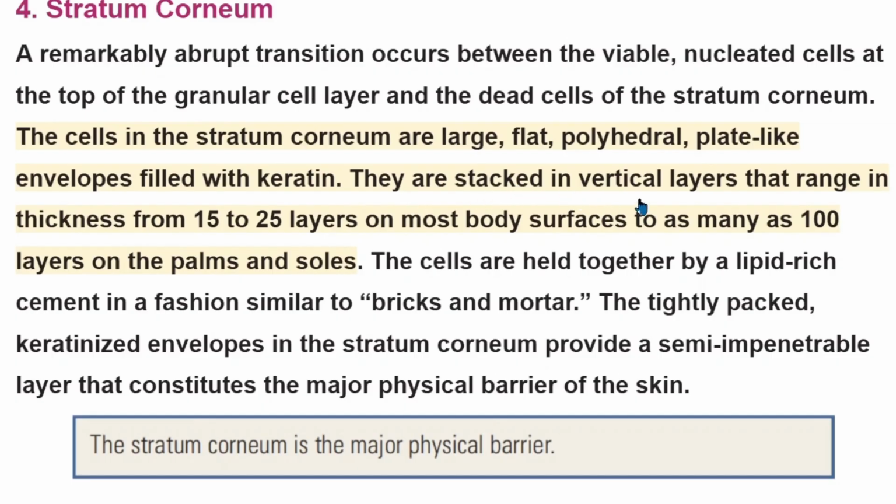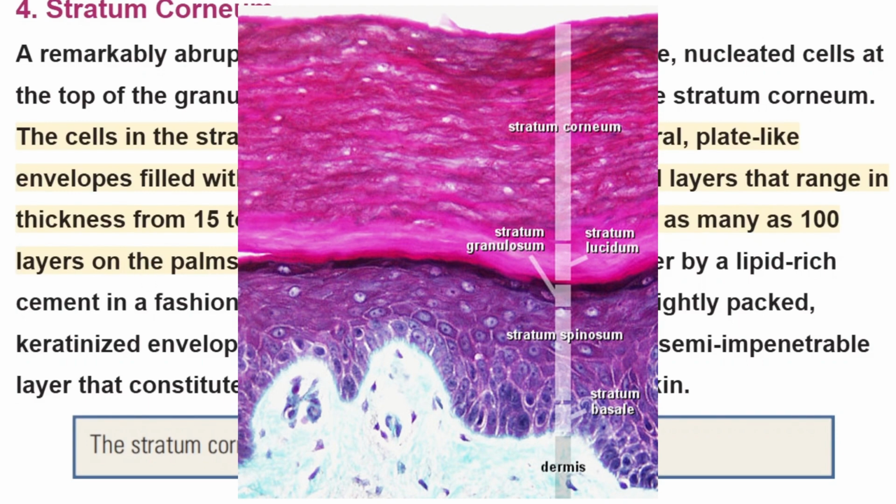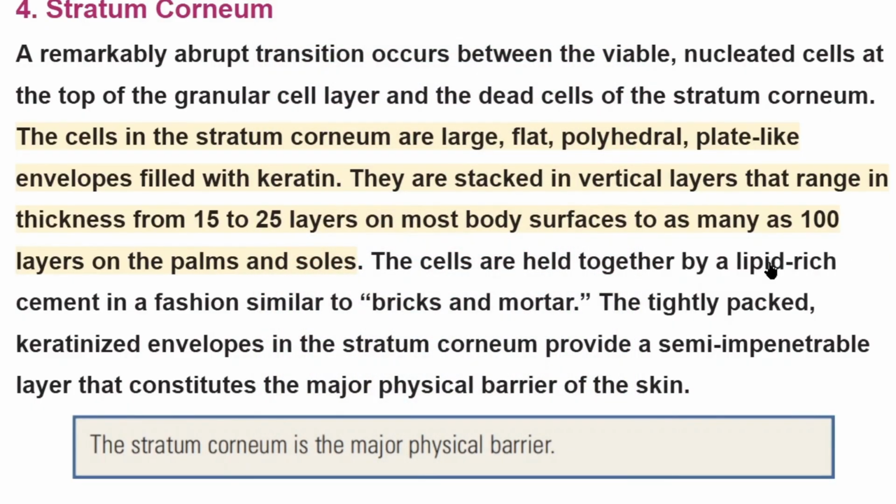They are stacked in vertical layers that range in thickness from 15 to 25 layers on most body surfaces, to as many as 100 layers on the palms and soles. These cells are held together by a lipid-rich cement in a fashion similar to bricks and mortar.